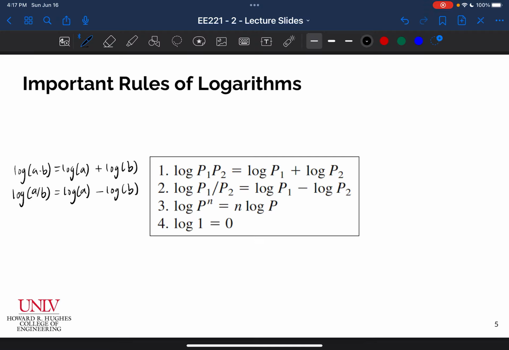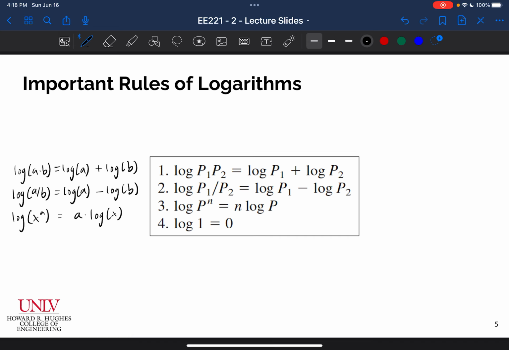Okay. For a log of something to a power, so let's just say log of x to the a, right? I can pull the exponent out, and I can say that it's just a times the log of x.